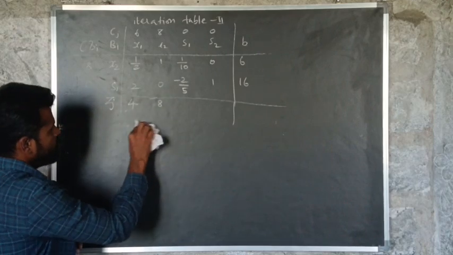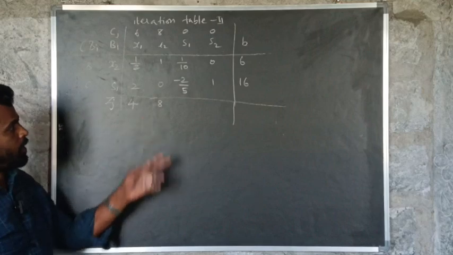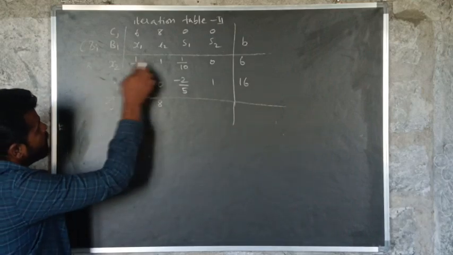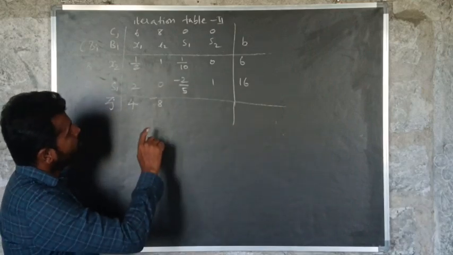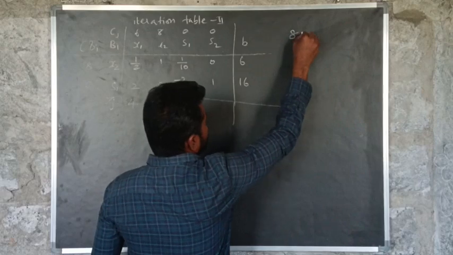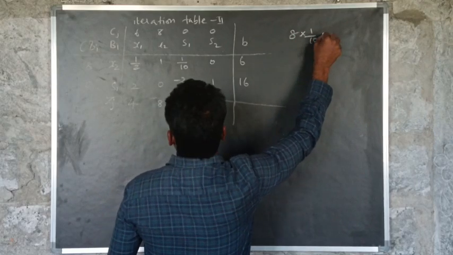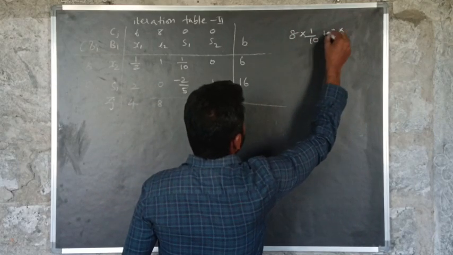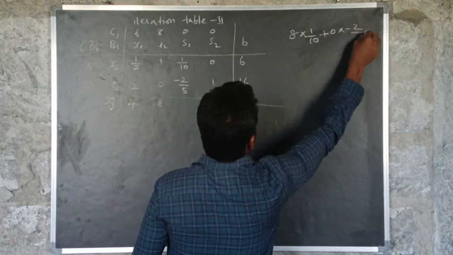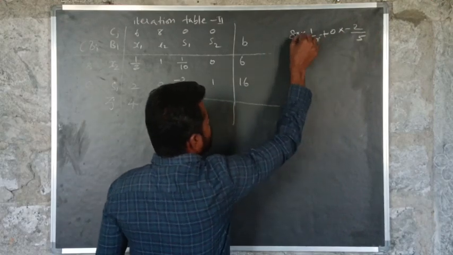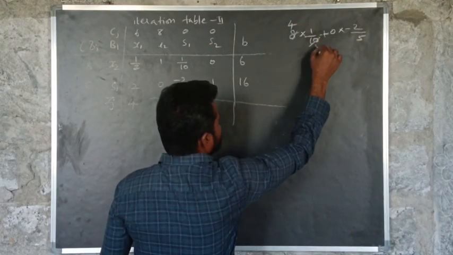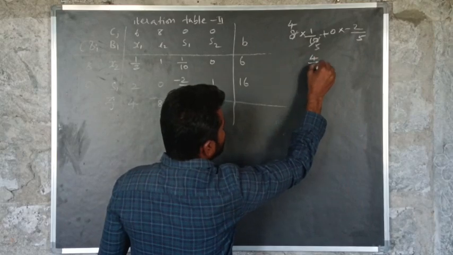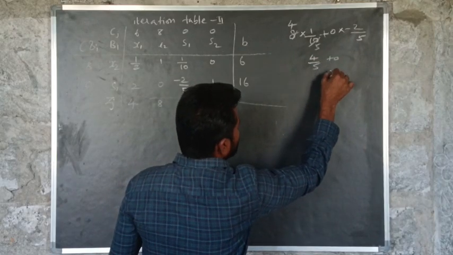Getting the first value, no need to write here for understanding. Next, 8 into 1 by 10 plus 0 into minus 2 by 5. What happened here? 8 by 10 is 4 by 5, plus 0, so 4 by 5.